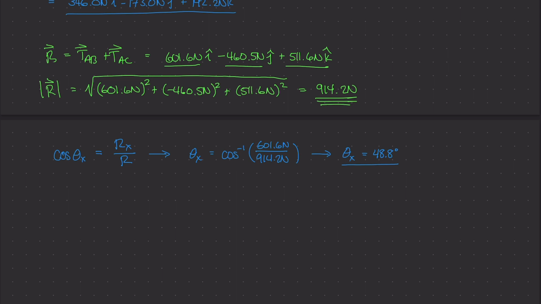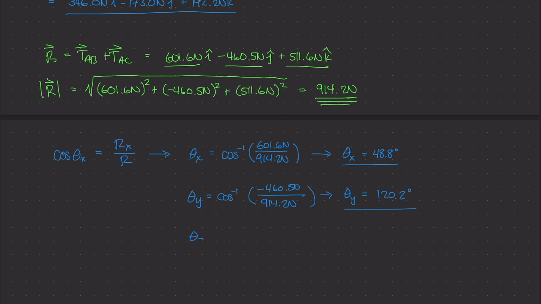Now for theta y and theta z, we can do something similar, where theta y is the inverse cosine of, in this case, Ry over R. So Ry was our negative 460.5 newtons, which was this value right here, divided by R, which was 914.2 newtons. If I solve this out, I get a theta y equal to 120.2 degrees. So there is theta y.